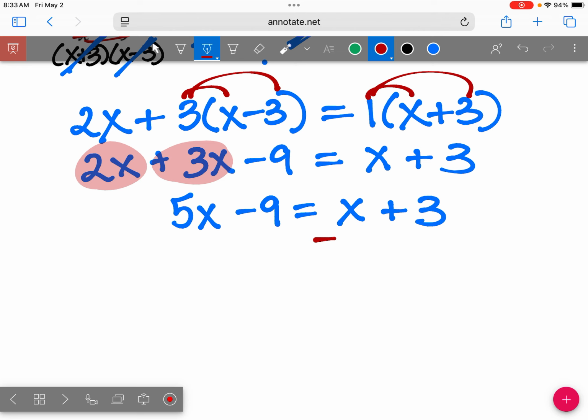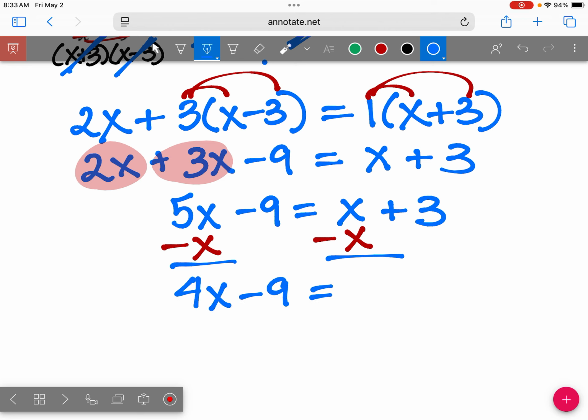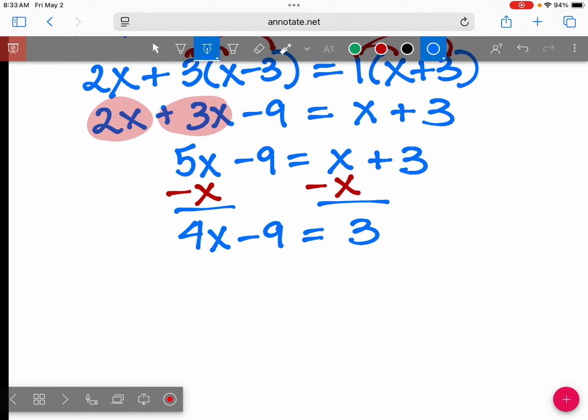Okay, so we're going to subtract the x. Two more steps and we've made it to the end. What do I do to get rid of that minus 9?